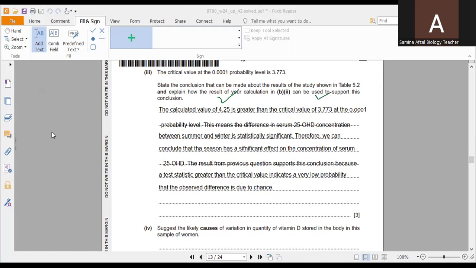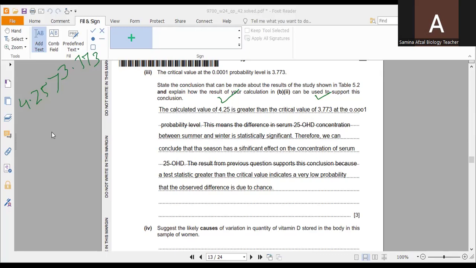We can write 4.25 is greater than 3.773. So you can say at this probability level, the critical value is a point on the test statistic distribution that is compared to the test statistic calculated from the sample data.